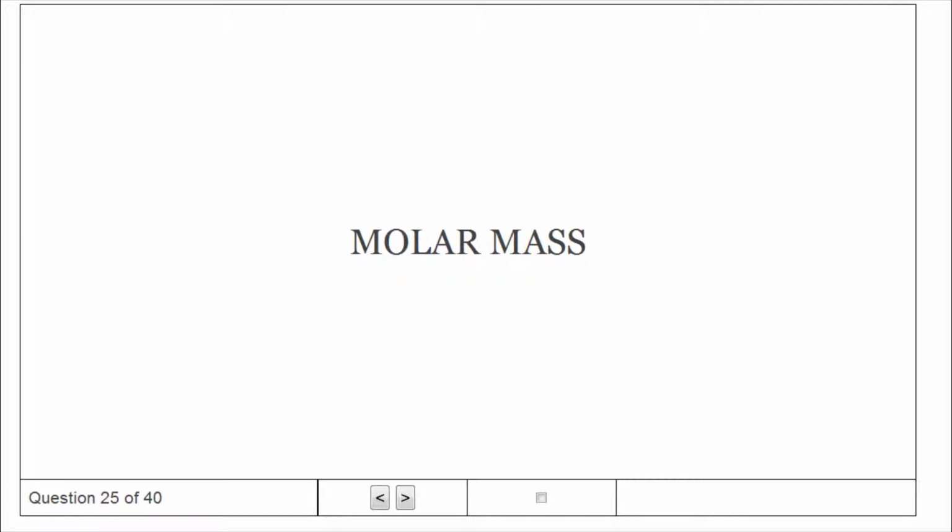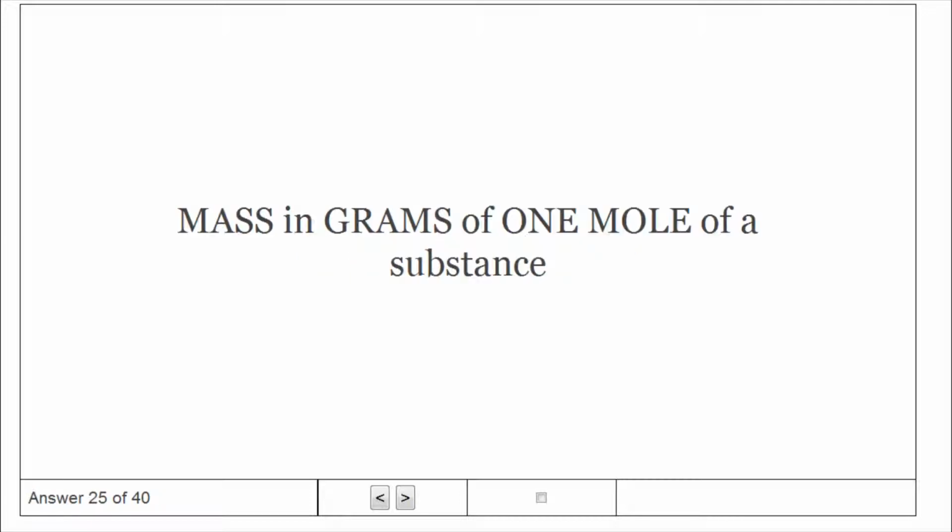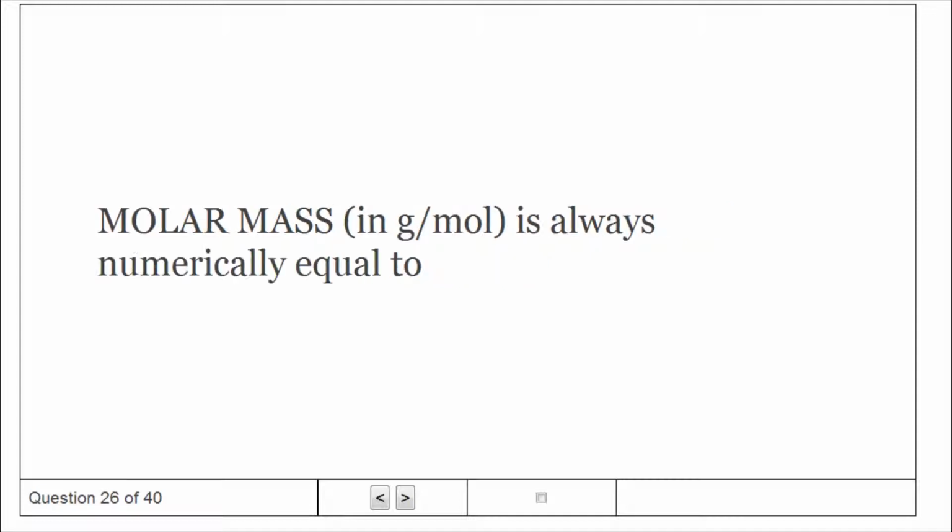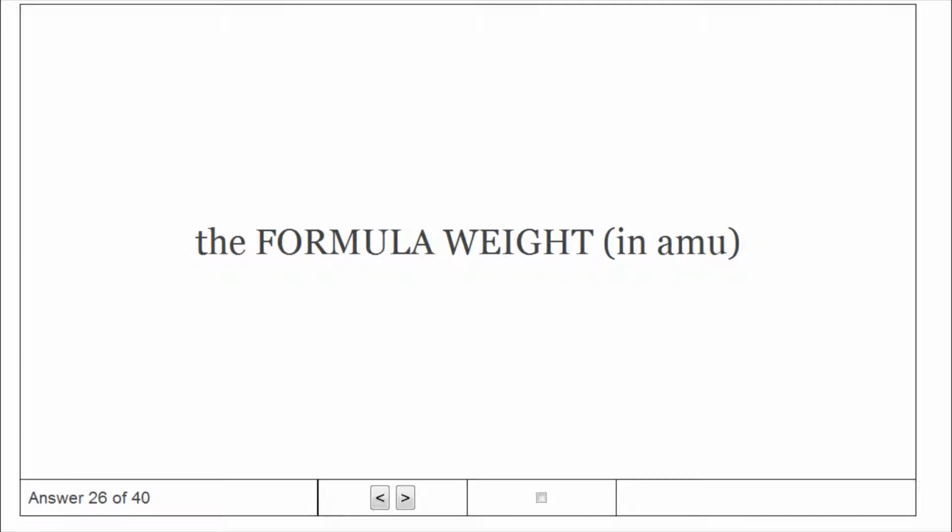Molar mass: the mass in grams of 1 mole of a substance. Molar mass is always numerically equal to the formula weight.